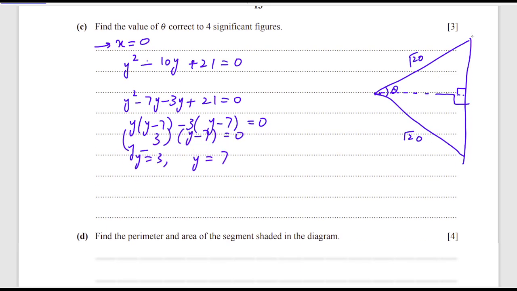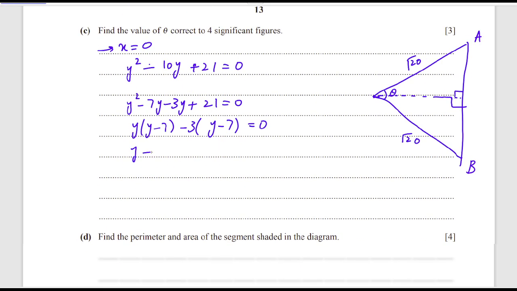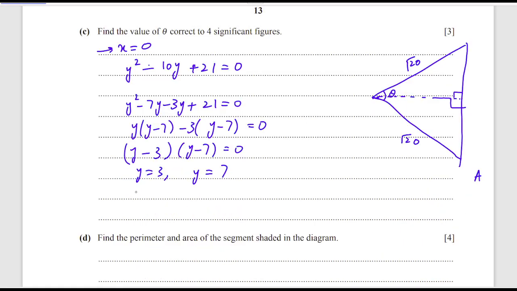So the two points A and B are: point A is the highest point, so its coordinates are x is 0, y is 7. The point B is x is 0, y is 3.